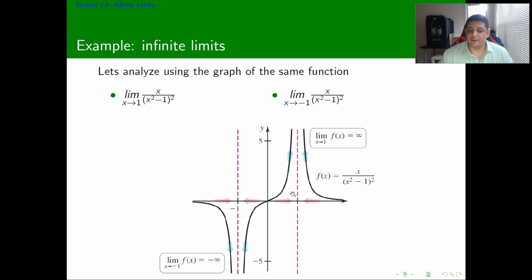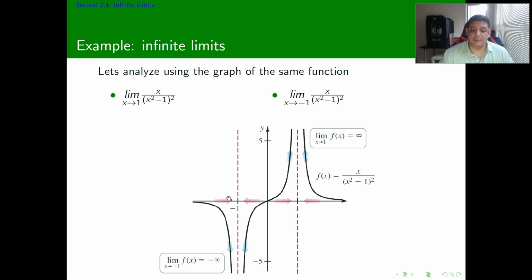Why? If you start approaching values over here, this is going to give you big numbers, and it's going to be positive because you're approaching a positive number here, and below is going to be positive as well. So you can see that this is going to go to infinity.